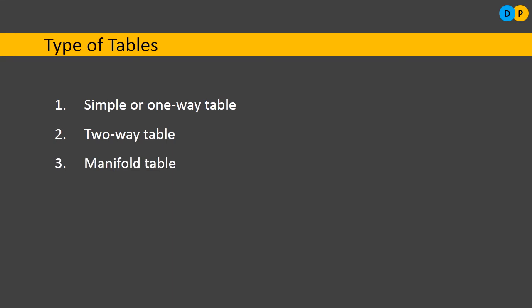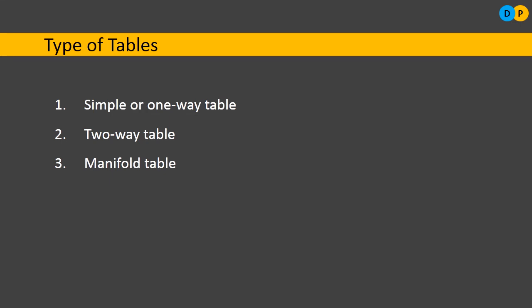They are classified into three types. The first one is the simple or one-way table. Second is the two-way table, and the third one is the manifold table.